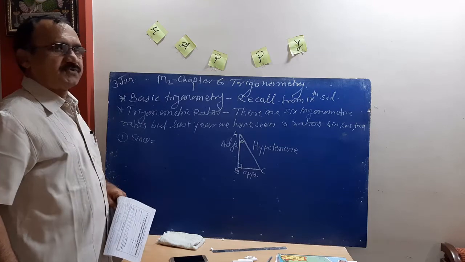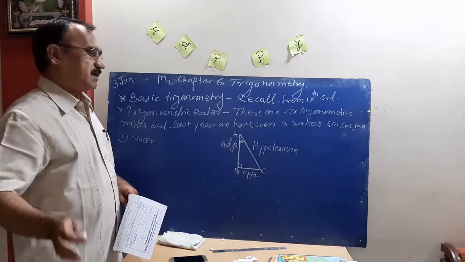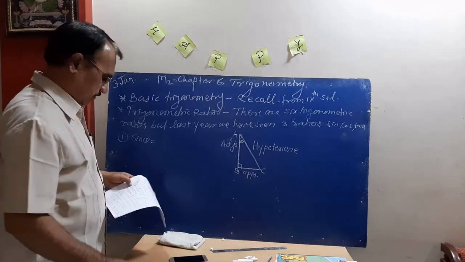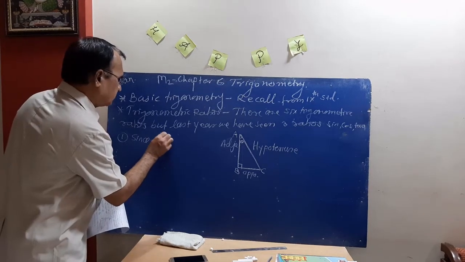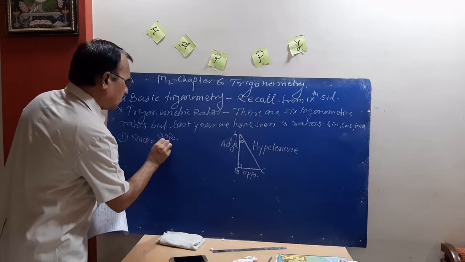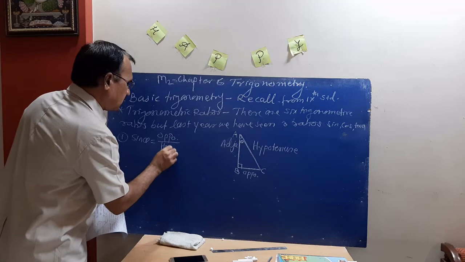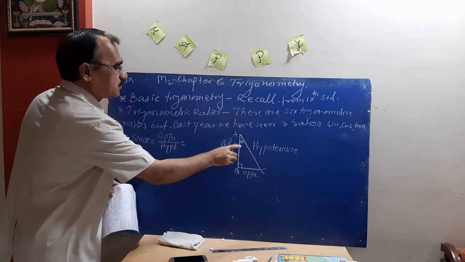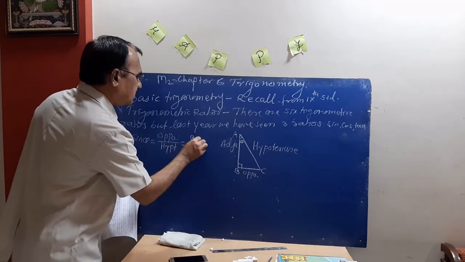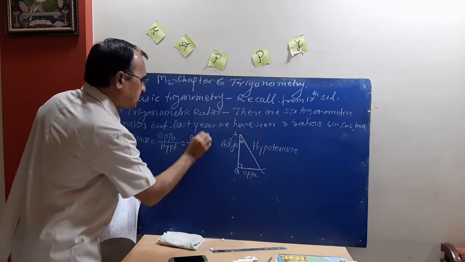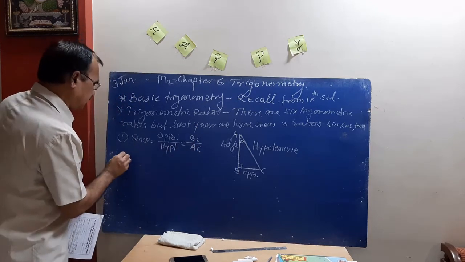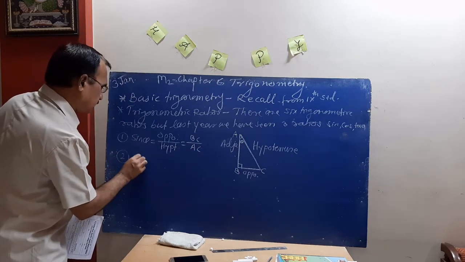What is the definition of sine theta? Correct. Opposite side upon hypotenuse. Opposite side is BC and hypotenuse is AC. This is the ratio of sine theta.